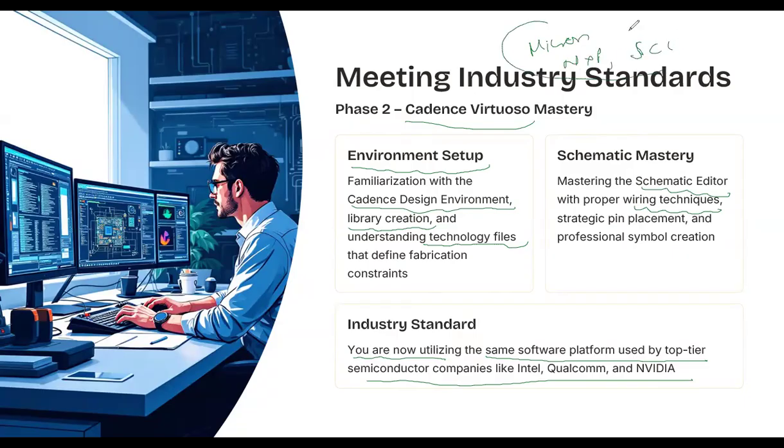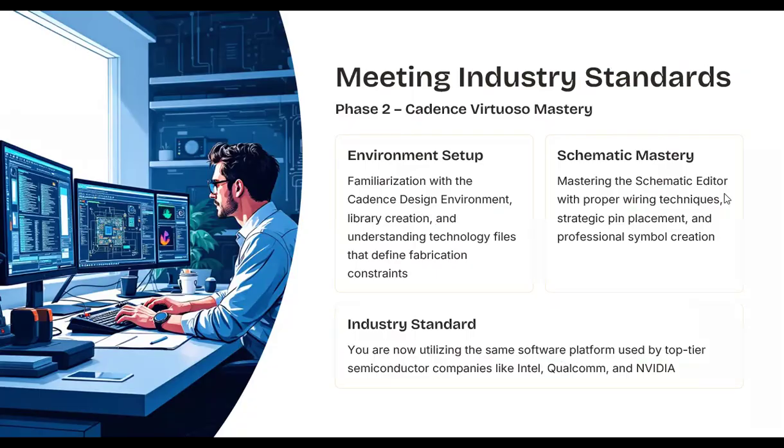Every company is using Cadence for circuit designing. For everyone who wants to master semiconductor design, or wants a job in physical design, this is called backend design, you need to master Cadence Virtuoso. There are many other tools available, such as Synopsys and HSpice, but Cadence is used in most of the companies.